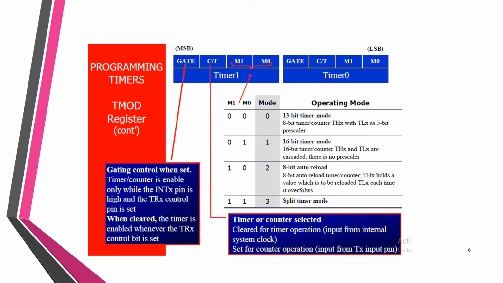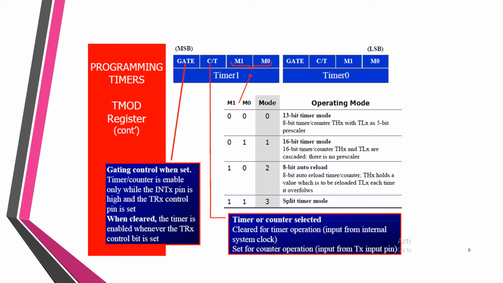This gating control, that is the GATE bit, when set, the timer counter is enabled only when the interrupt pin, that is the INTX pin, is high and the TRX control pin is set. So this is the condition: the TRX control pin is set and the INTX pin is high.